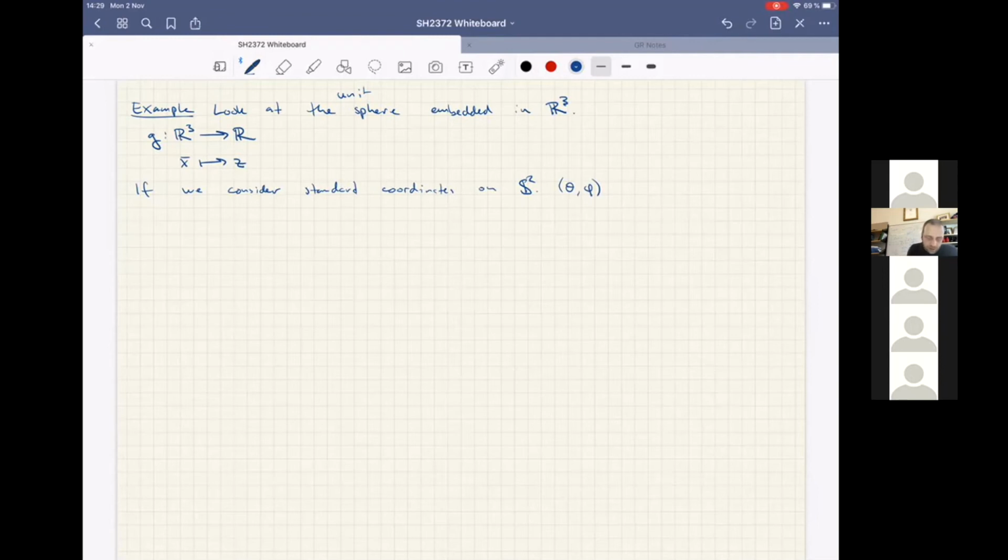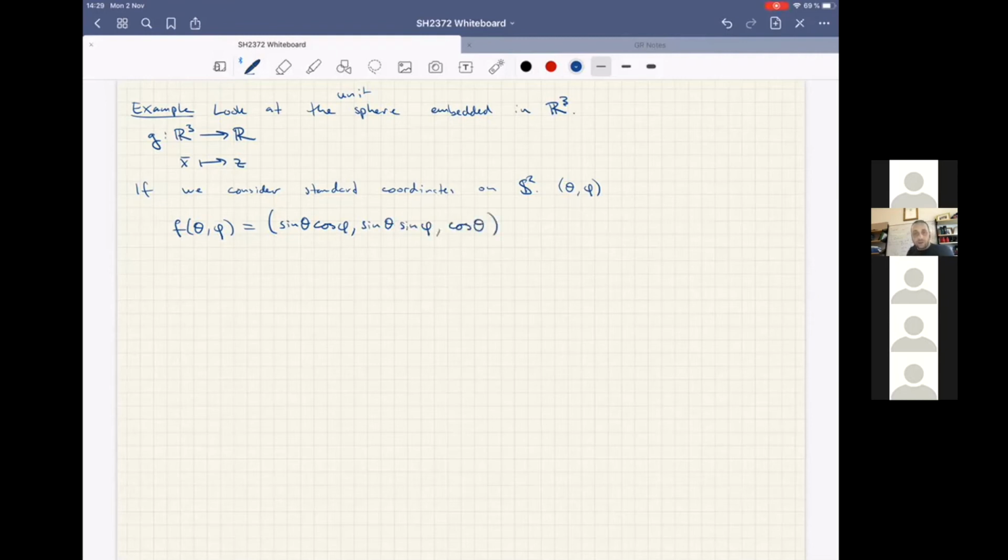The function f is a mapping from the sphere to R3, and since it's the unit sphere, it would just be given by sine theta cosine phi, sine theta sine phi, and then cosine theta.